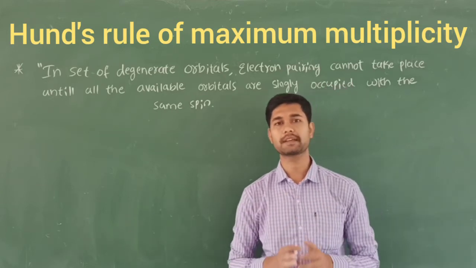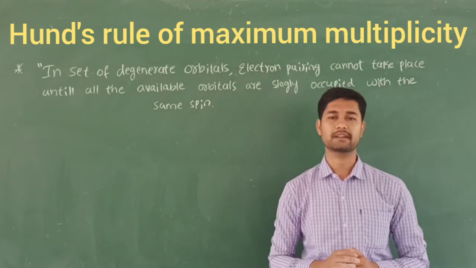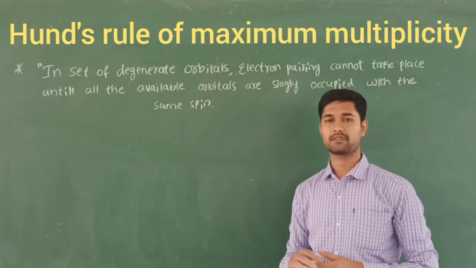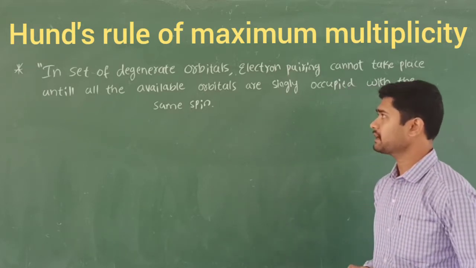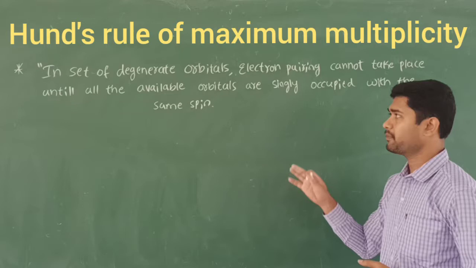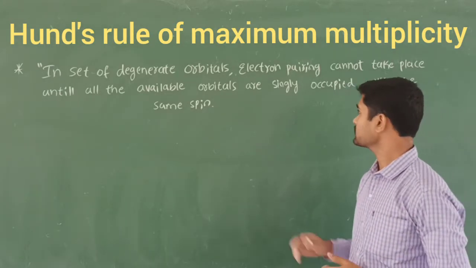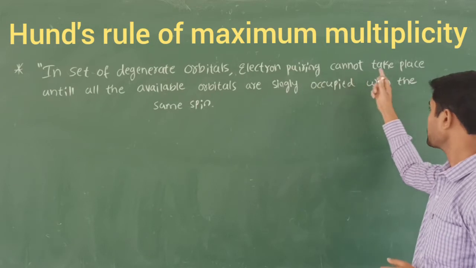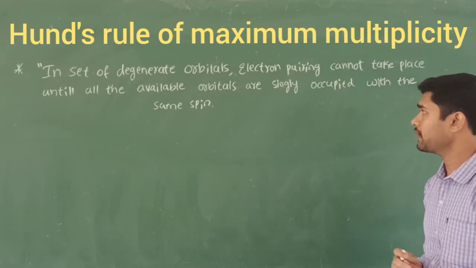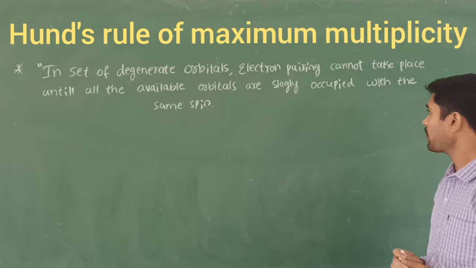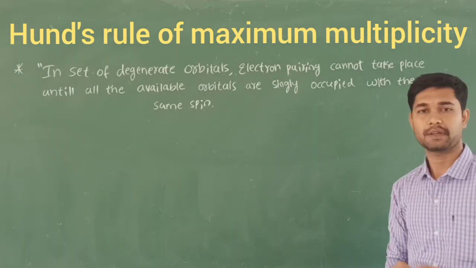Orbitals which have equal energy are called degenerate. So that is called Hund's rule. It tells that in a set of degenerate orbitals, the electron pairing cannot take place until all the available orbitals are singly occupied with the same spin.